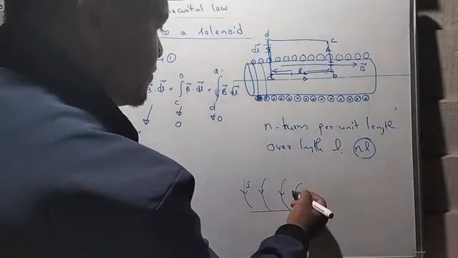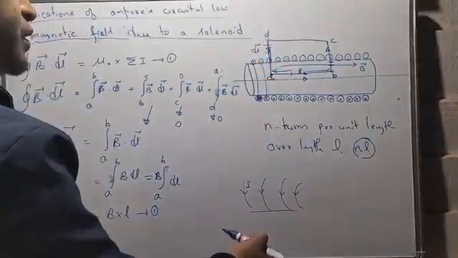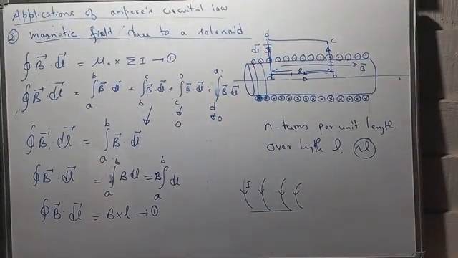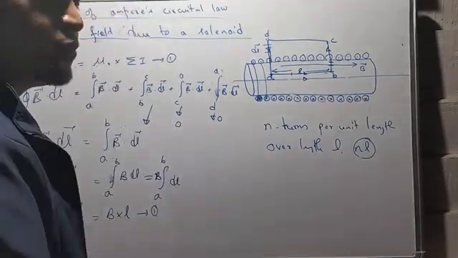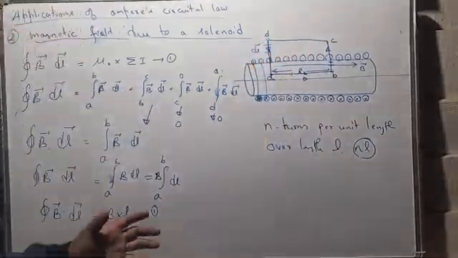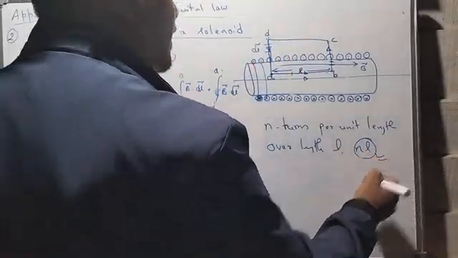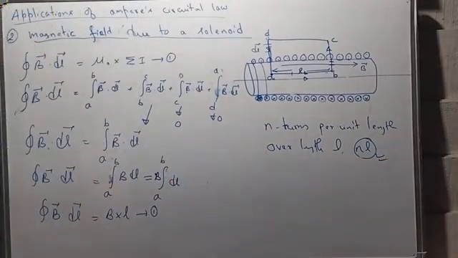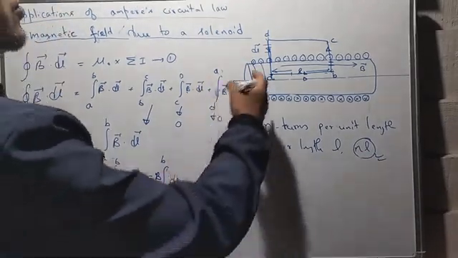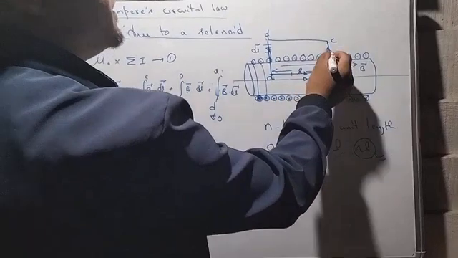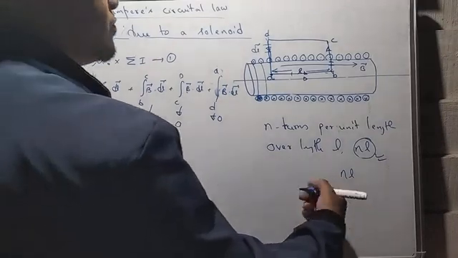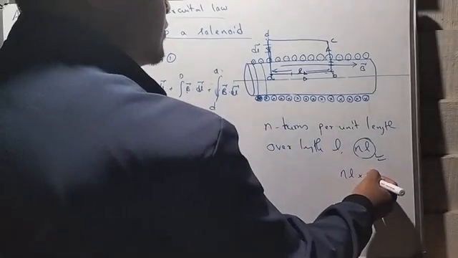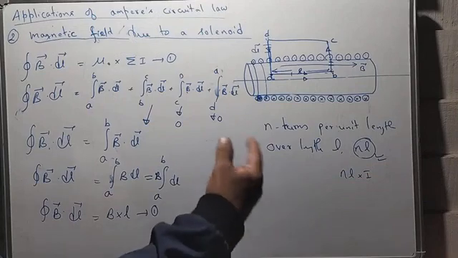If I consider 4 turns over this closed loop, the current will be 4I. In this case, my total number of turns over this closed path A, B, C, D is nL. So the total current enclosed by this closed path A, B, C, D will be nL, the number of turns, times the current I in each turn.